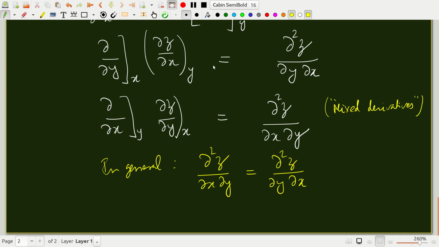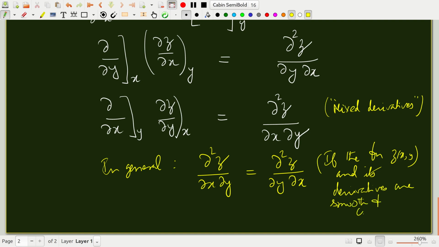So in general, this is true if the function z of x, y and its derivatives are smooth and continuous.